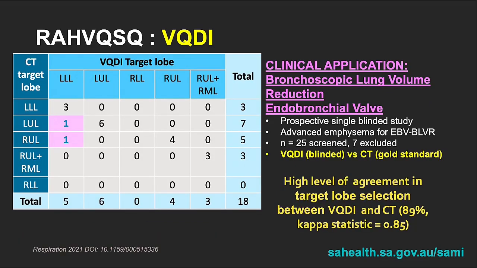In a study we published this year, when treating patients with advanced emphysema with bronchoscopic lung volume reduction using endobronchial valves, we showed that choosing a lobe to collapse based on VQDI had a high concordance with the gold standard test of quantitative CT.